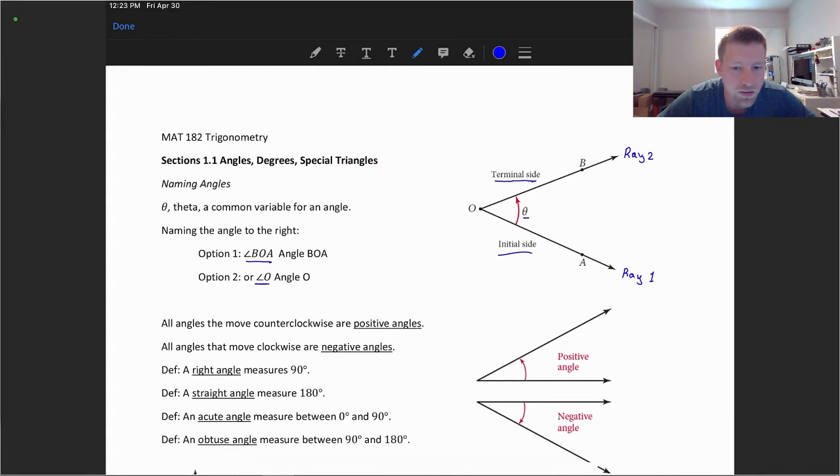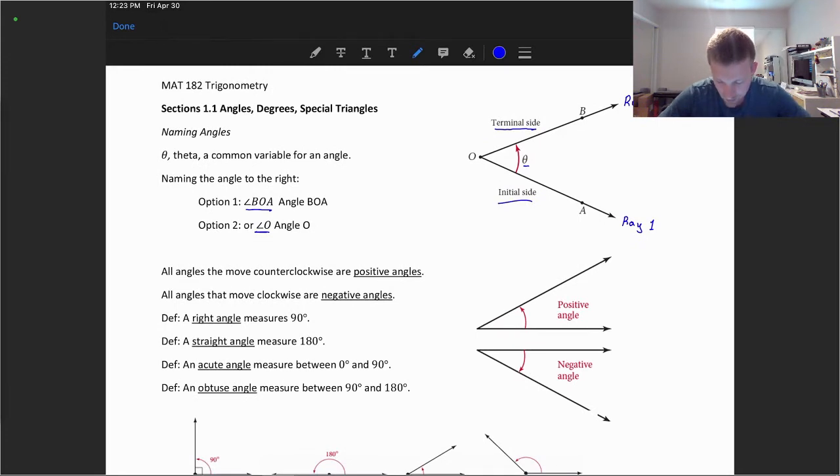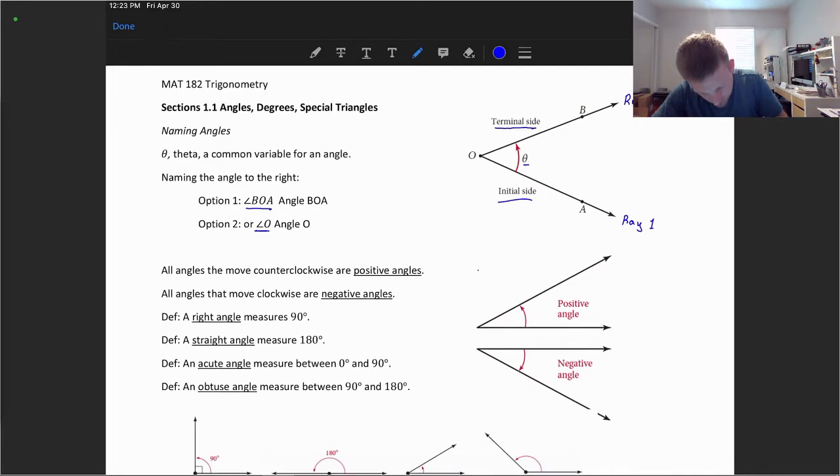When we think about angles, they could either have a positive or a negative result. When I consider a positive angle, I could consider the set of an x-axis setup. And a positive angle is going to be going from the initial side and then it is going to be going in the counterclockwise direction.